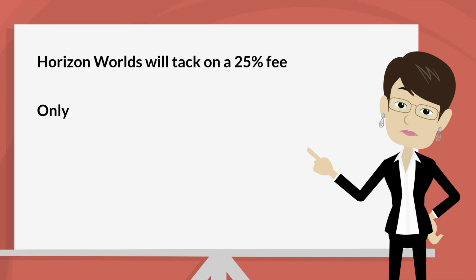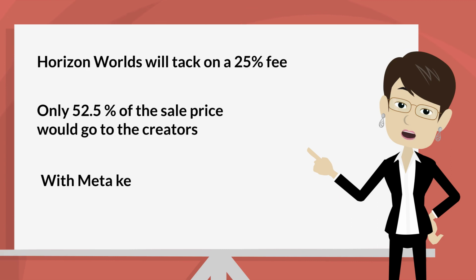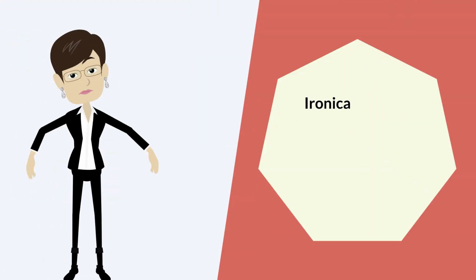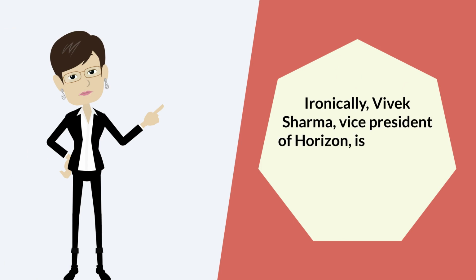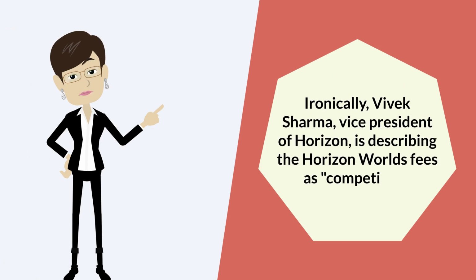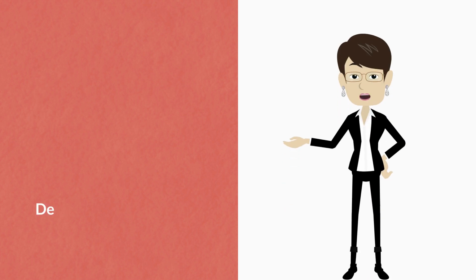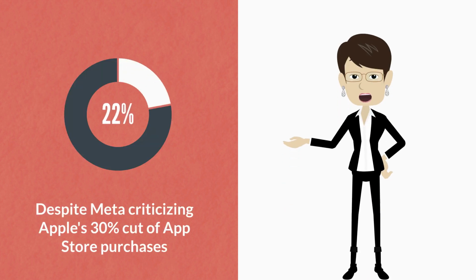As a result, only 52.5% of the sale price would go to the creators, with Meta keeping the remaining 47.5%. Ironically, Vivek Sharma, vice president of Horizon, is describing the Horizon Worlds fee as competitive, despite Meta criticizing Apple's 30% cut of App Store purchases.